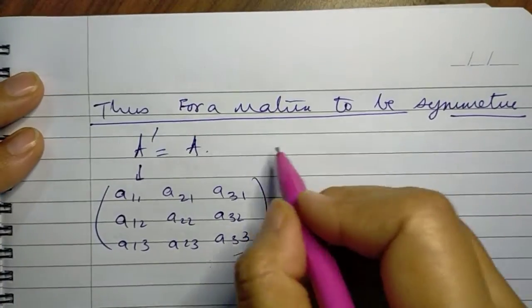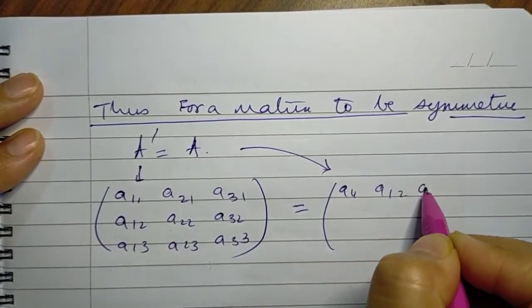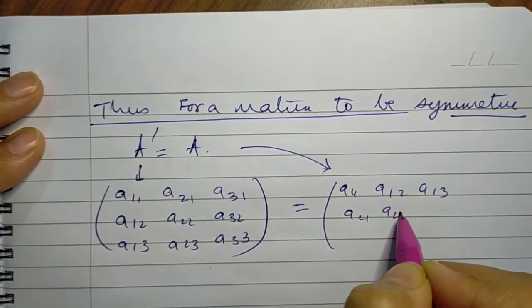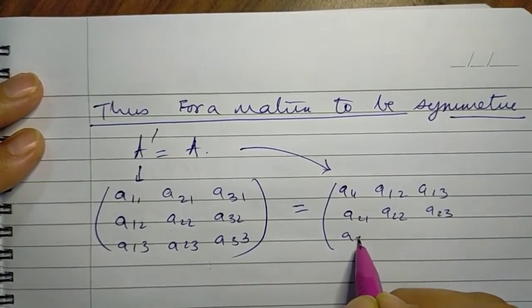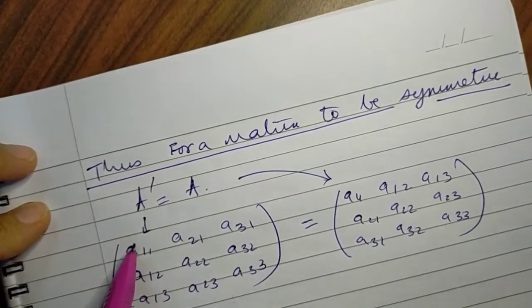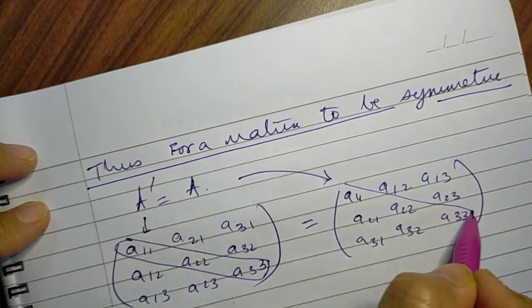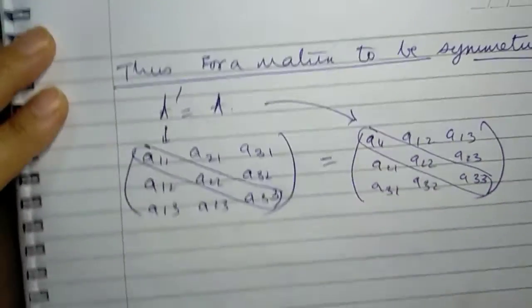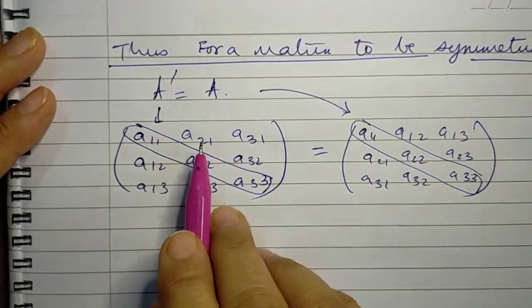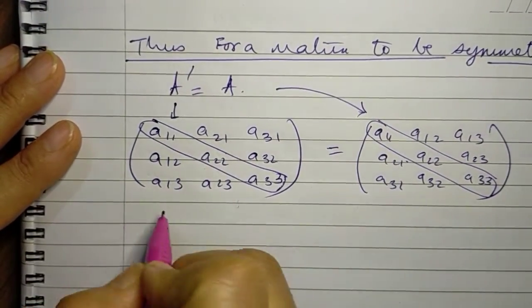For it to be equal to A, what is A? A11, A12, 13, 21, 22, 23, 31, 32, 33. As we have already seen, the principal diagonal elements are already the same, so we don't have to bother about them. We only have to be bothered about when they will be the same.